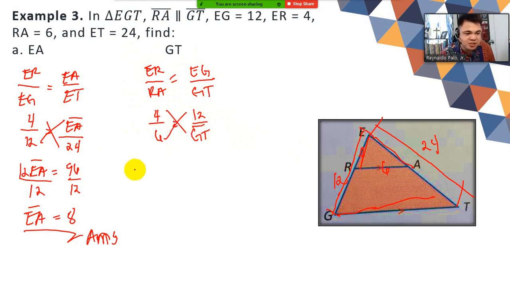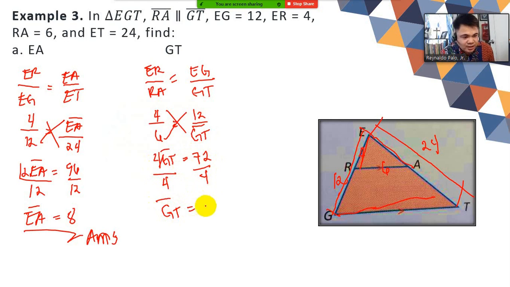Then cross multiply. 4 times GT is 4 GT equals 6 times 12, which is 72. Then divide both sides by 4. Segment GT now measures 18 units. So this will be the measurement of segment GT.